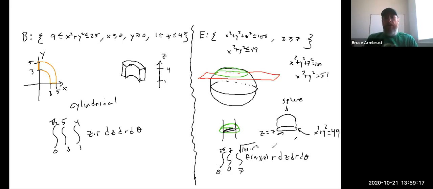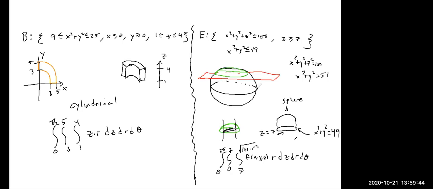So this is another one that I think cylindrical definitely would work out better. Because imagine trying to do this in spherical. What's the issue with doing this in spherical? With the other one, we didn't even want to think about spherical. But this one you might, since the top surface is a sphere. Why might you not want to do this in spherical? Because aren't we going to have to find where this imaginary cylinder intersects the sphere?